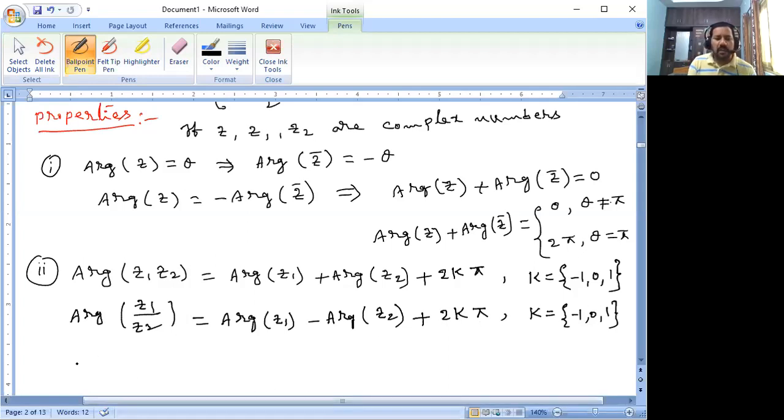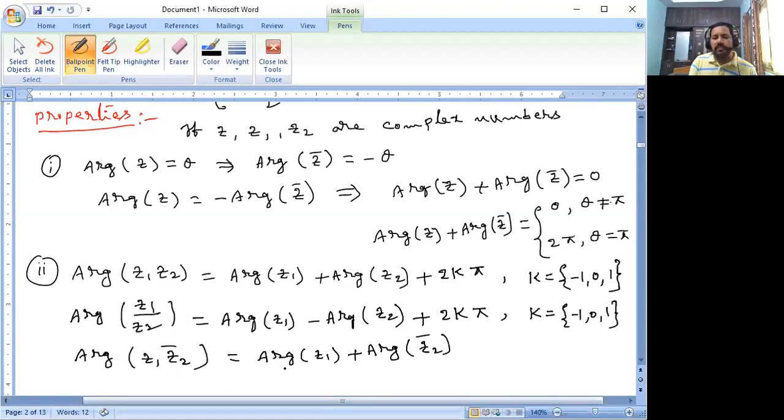Next, argument of z1 into z2 conjugate. Whenever it is in multiplication, we get the formula: argument of z1 plus argument of z2 conjugate.